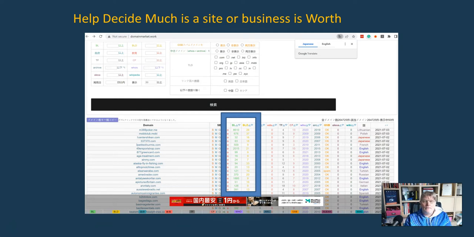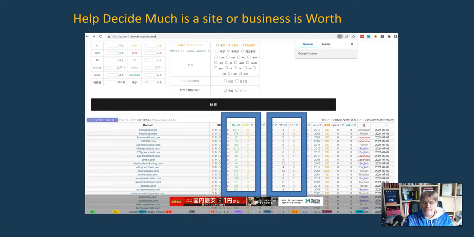This is a Japanese website that is showing domain names, and they're just selling domain names, and they're showing the number of backlinks, and then they're also showing this evaluation of backlinks to say what the worth of this website is, because we all know that absolute numbers of backlinks doesn't really help. Maybe the number of referring domains will help a little bit, but if those domains are not valuable, then you need something that's a little bit more granular.